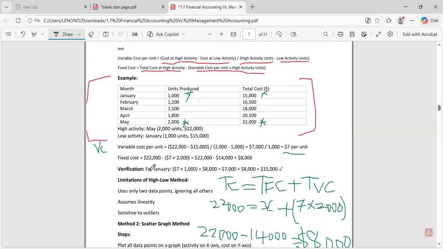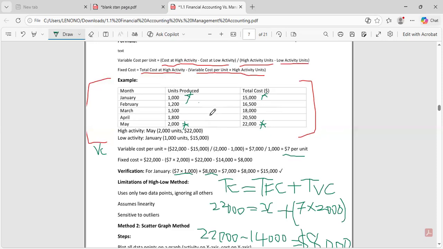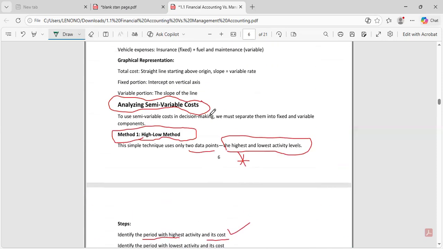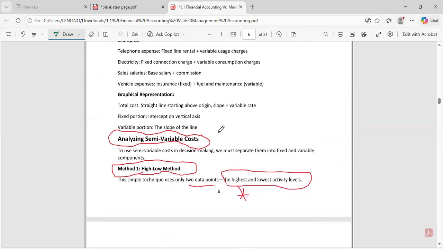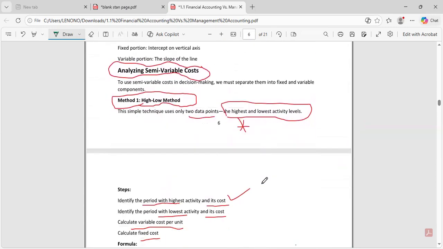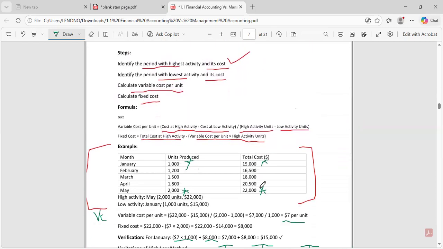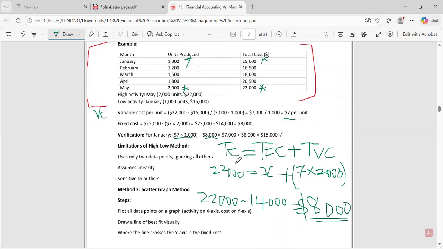So verification for January: total cost is equal to the fixed cost plus total variable cost, which gives you the 15,000 given there. So for each month, this is how you can use the high-low method to analyze the variable cost per unit and the total fixed cost.